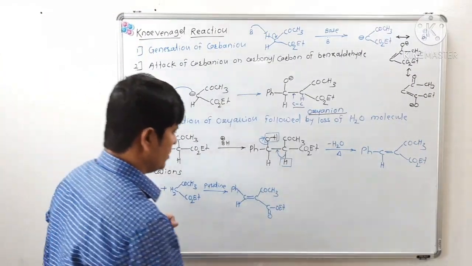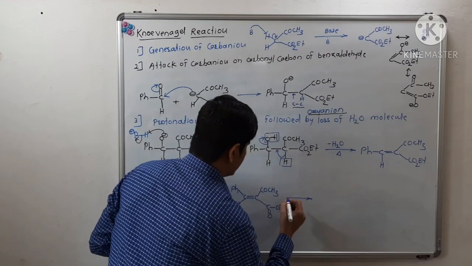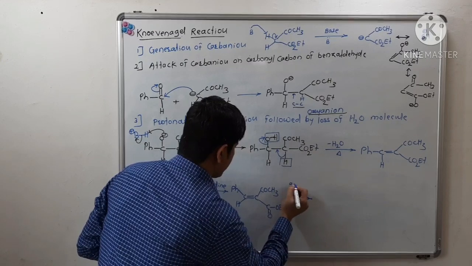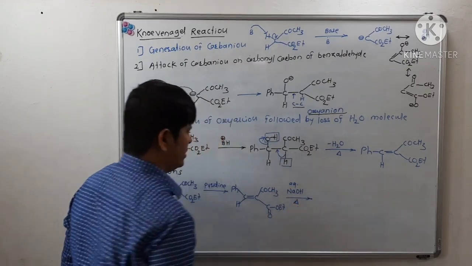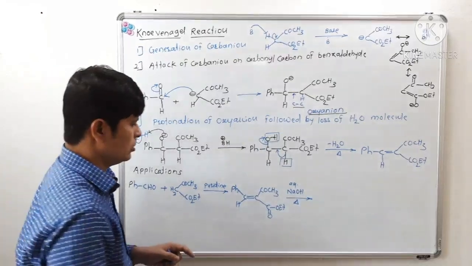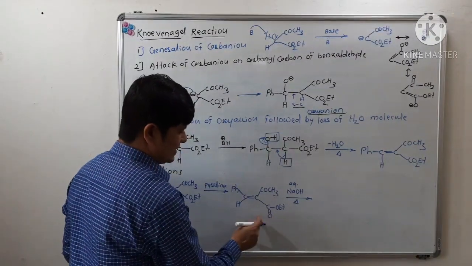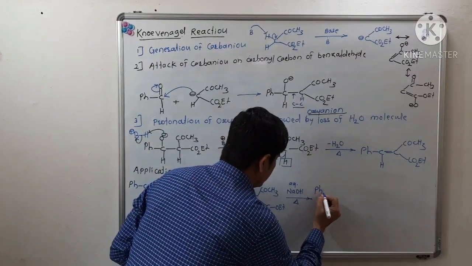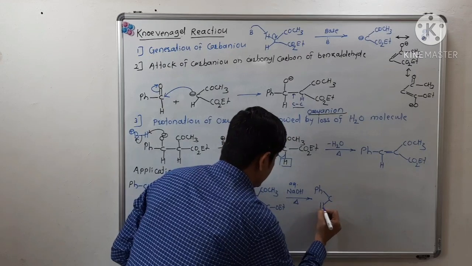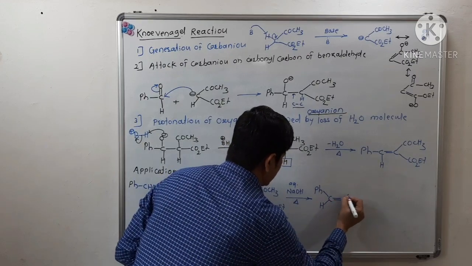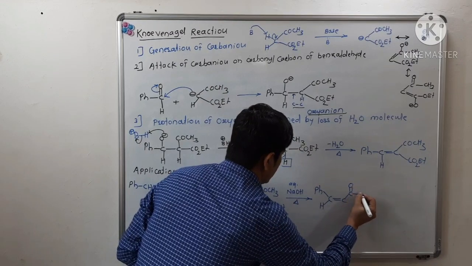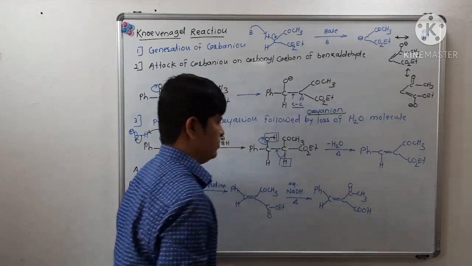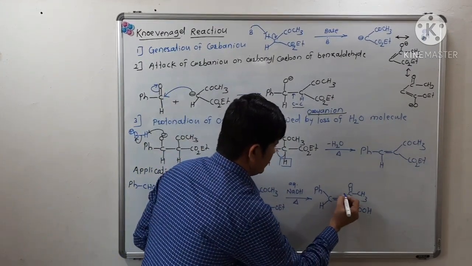Now this condensation product is reacted with aqueous NaOH. So this ester group will get hydrolyzed, and there will be formation of such kind of acid, a beta keto acid. See, this is the alpha carbon, this is the beta carbon.